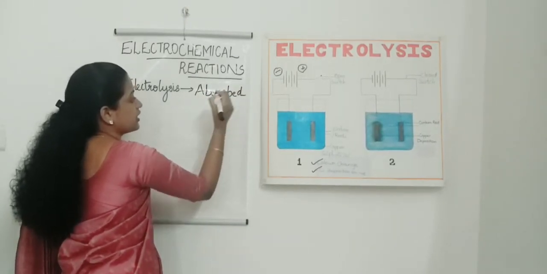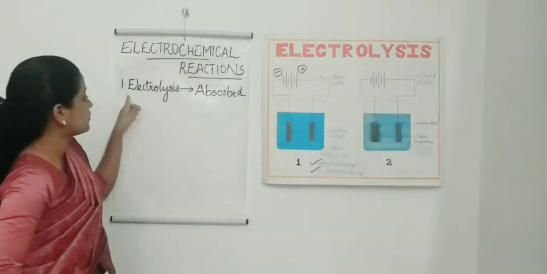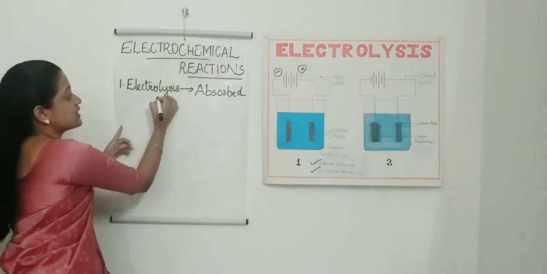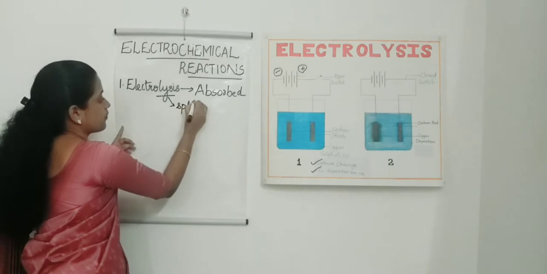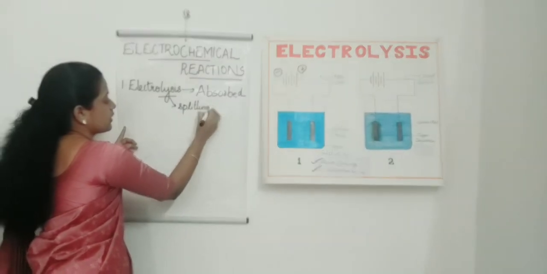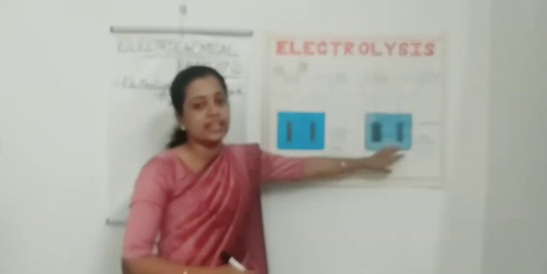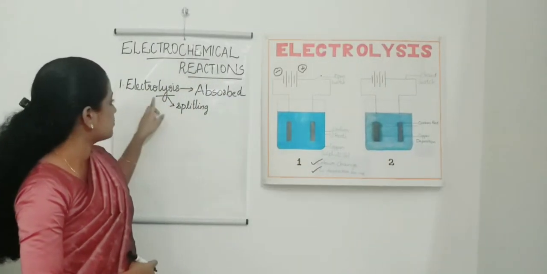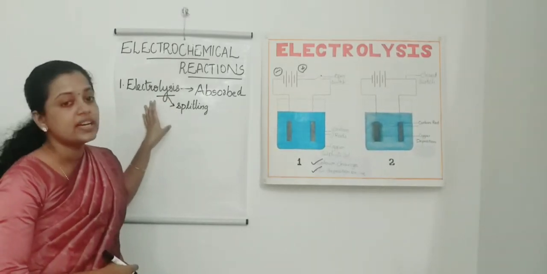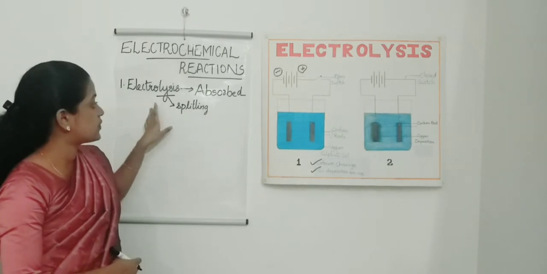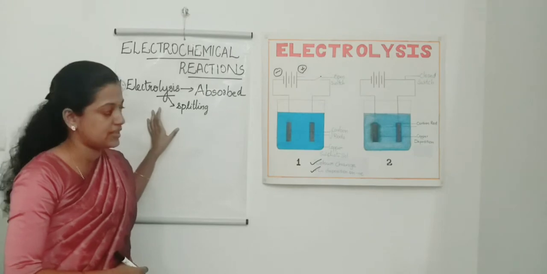And as in the word electrolysis, the lysis indicates splitting. So here the copper sulfate solution gets decomposed, which means lysis. So electrolysis is the process in which electricity is absorbed and hence a chemical reaction takes place.